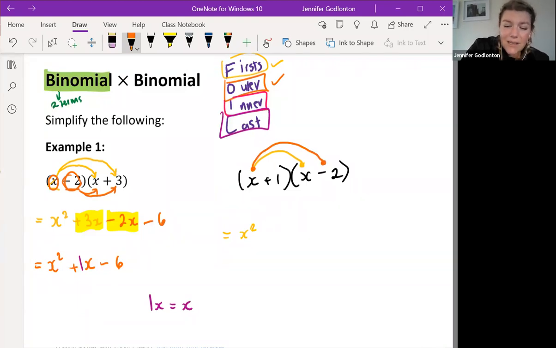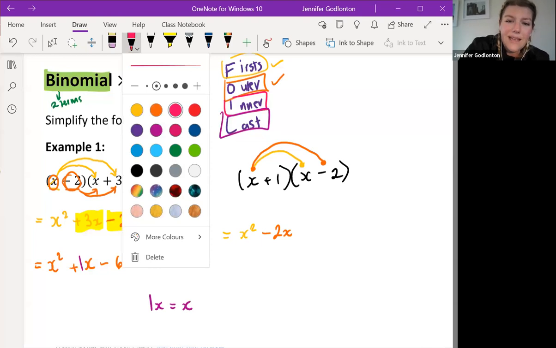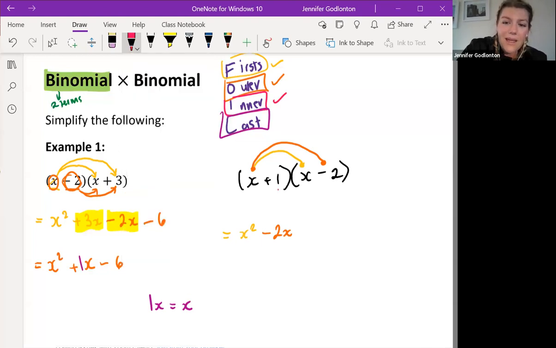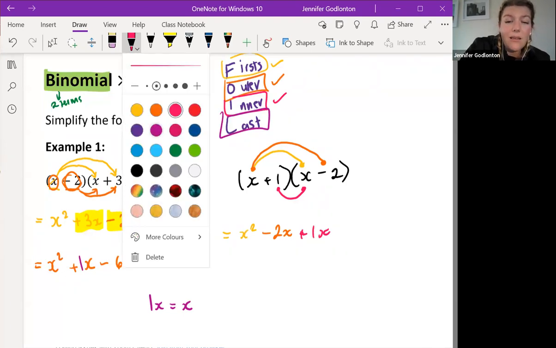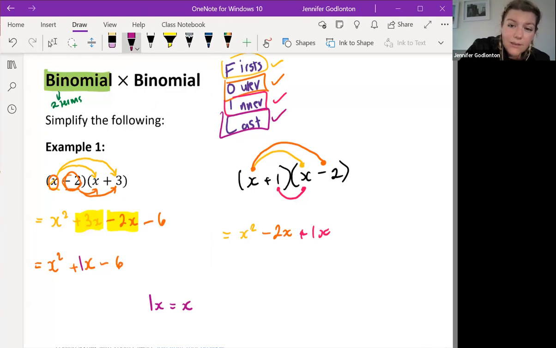So x times -2, which gives me -2x. Next one, inner. My inner term multiplied by my inner term, 1 times x is 1x, or x, however you're wanting to write that. And then our last, 1 times -2, which is -2. Okay, so that's how we use our FOIL.